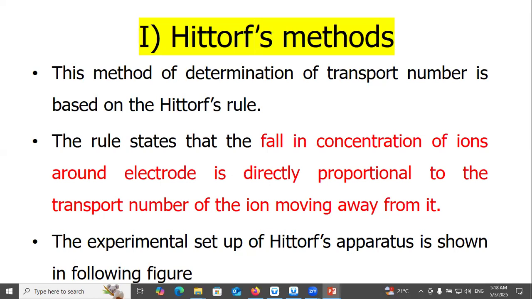This method of determination of transport number is based on Hittorf's rule.